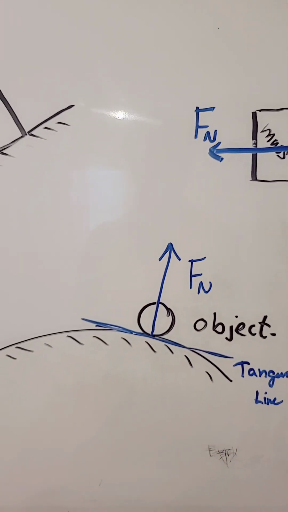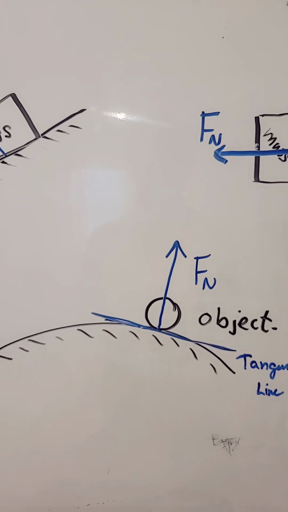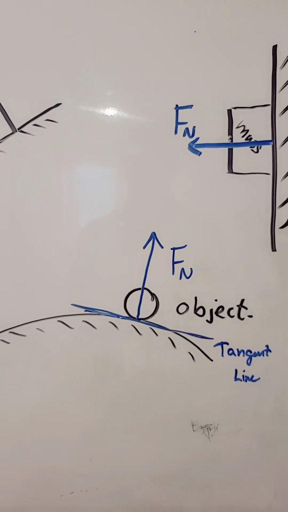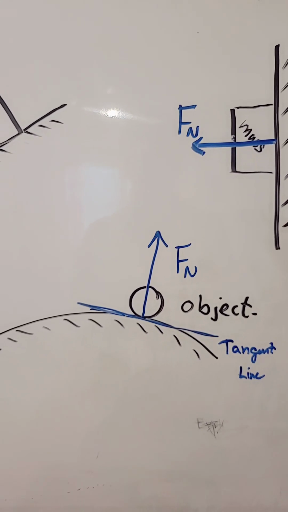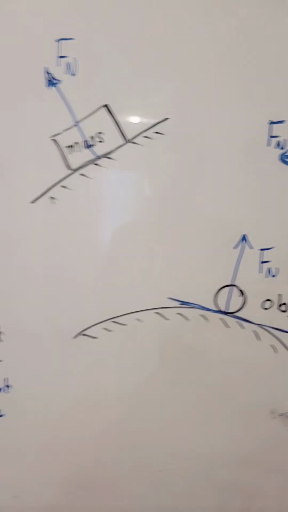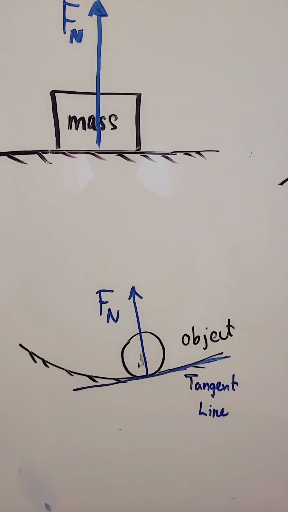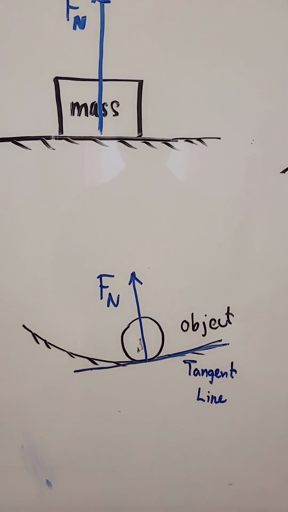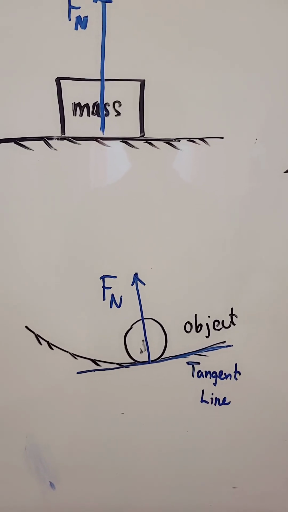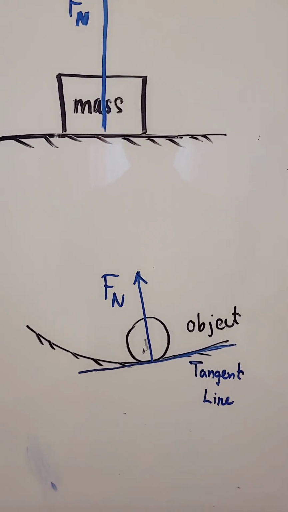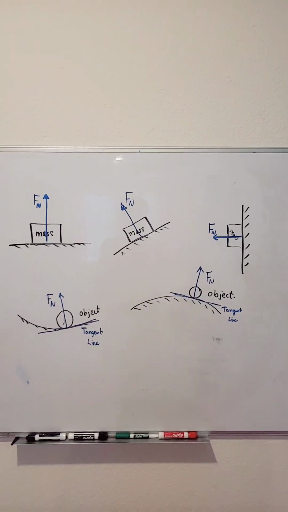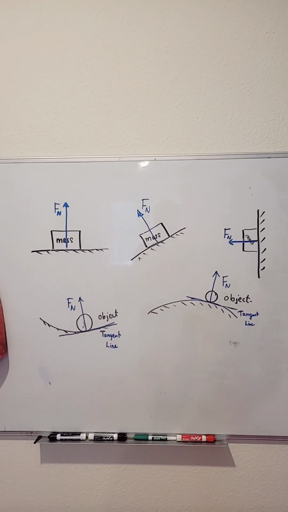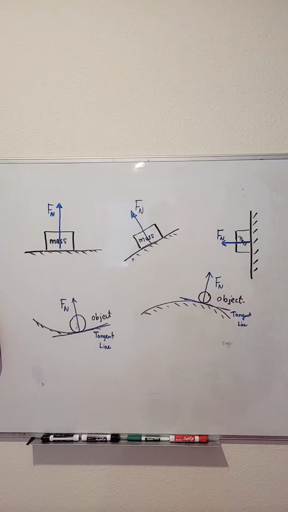This is a convex surface. You draw the tangent line at the contact point, and then the normal force is perpendicular to the tangent line. Here, this is a concave surface. Again, draw the tangent line, and the normal force is perpendicular to the tangent line. That's how you draw the normal force correctly.